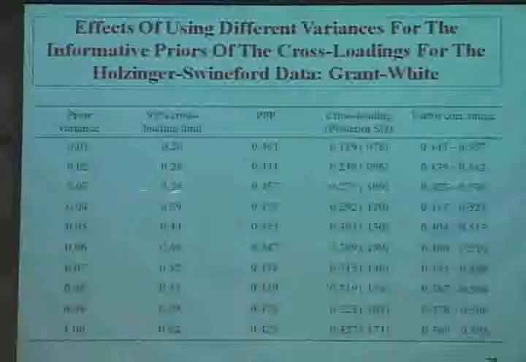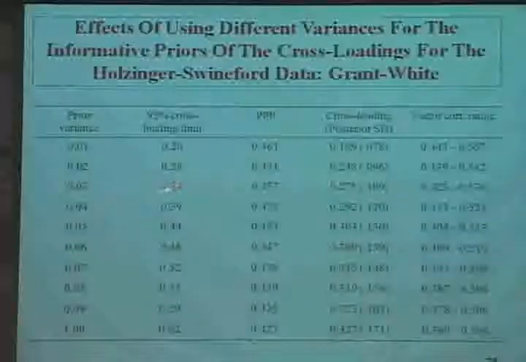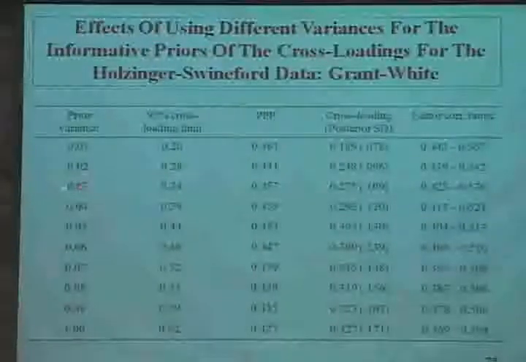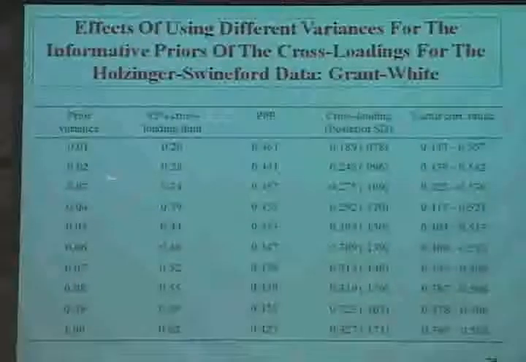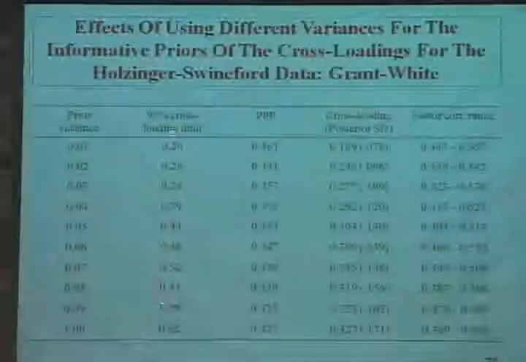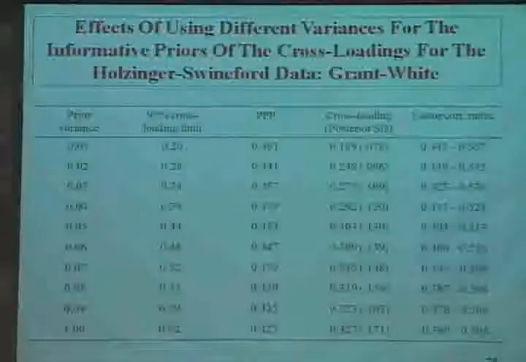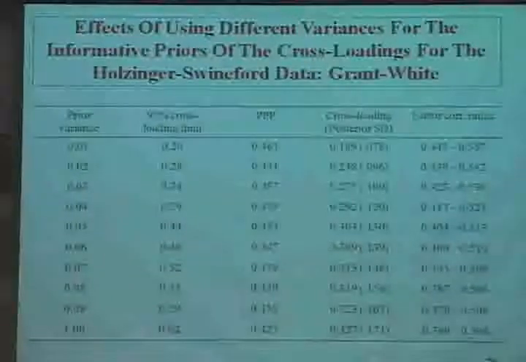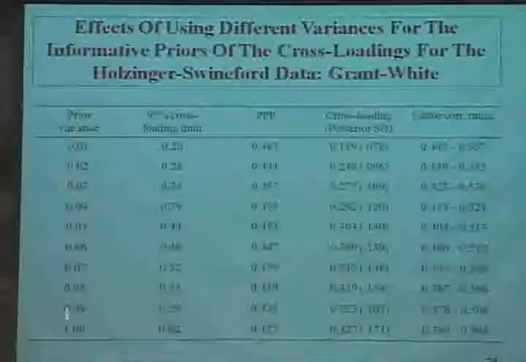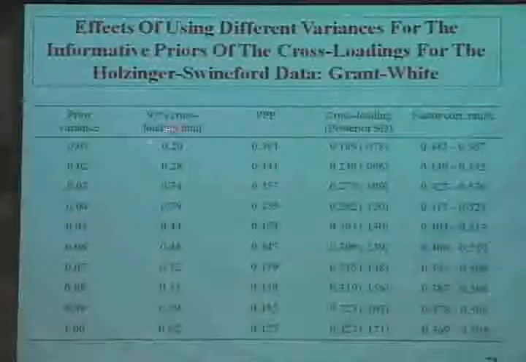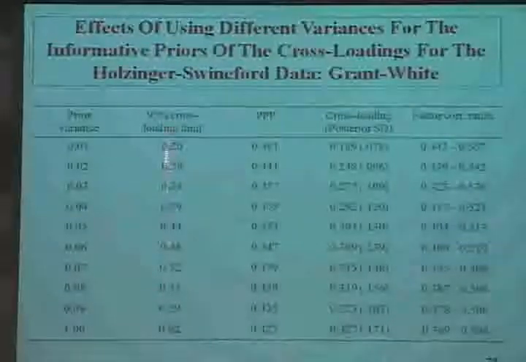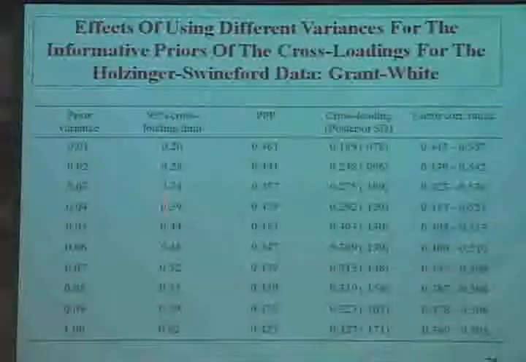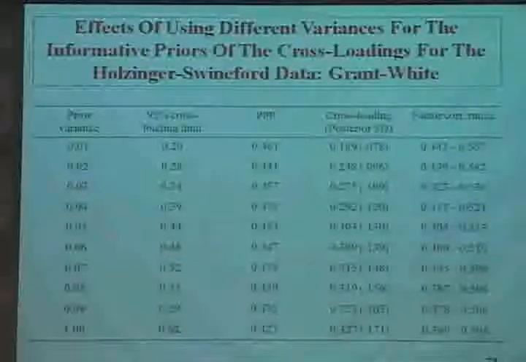And maybe I could even accept cross loadings to be 0.3, corresponding to variance 0.03. So here you can do a sensitivity analysis to the priors. If you work with informative priors, you could do a sensitivity analysis, varying the prior variance, accepting various degrees of cross-loading sizes, and you can see how the PPP value changes.